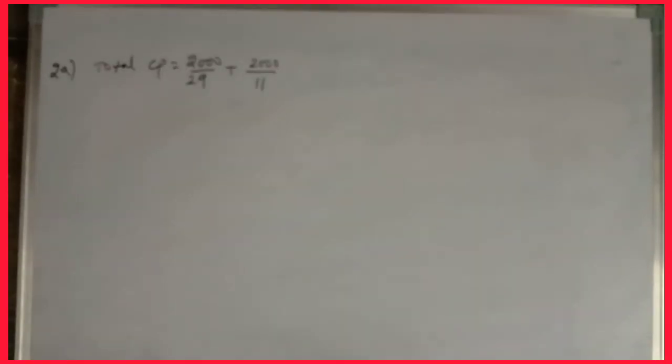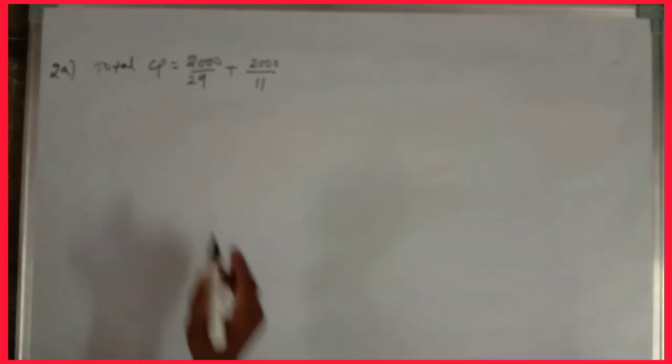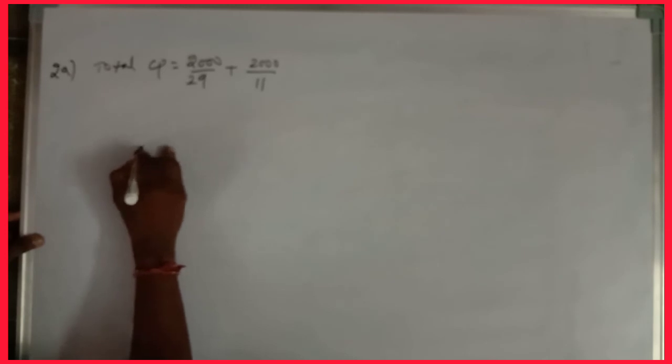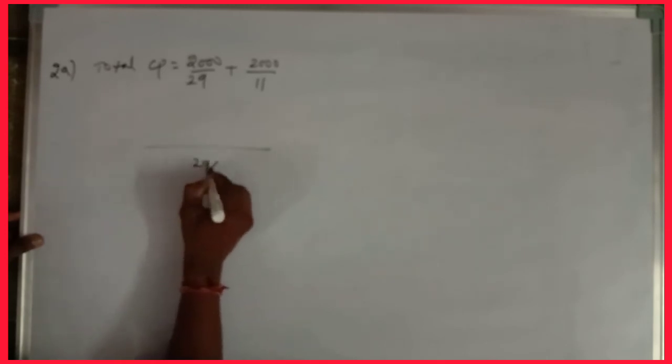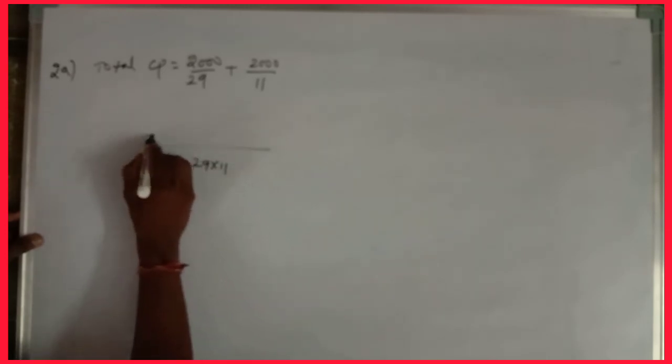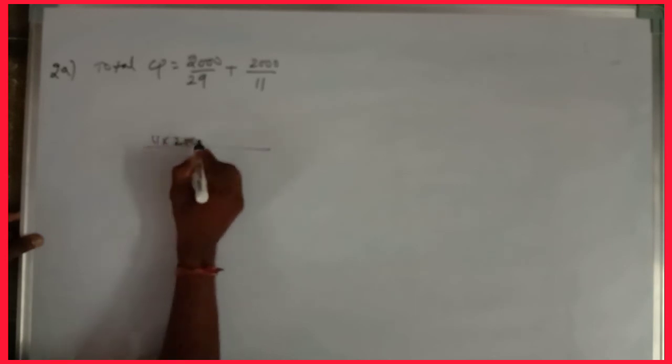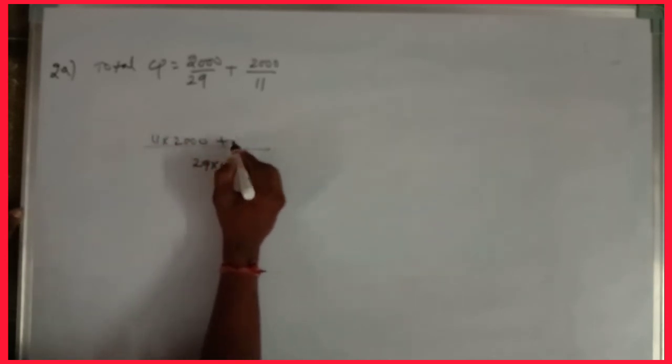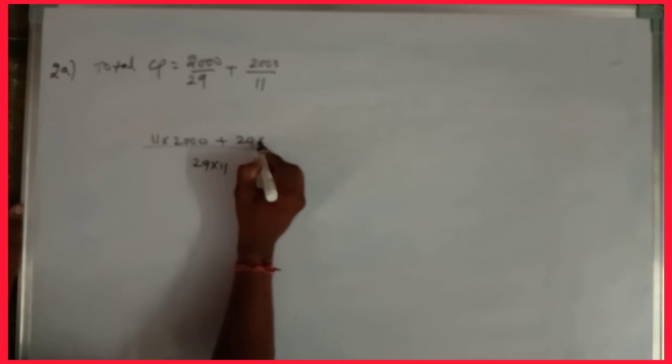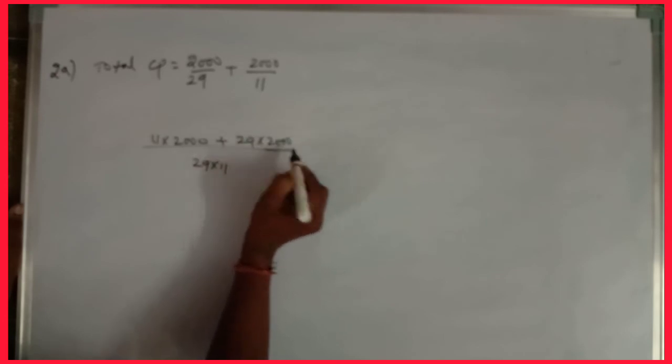So now here total CP is equal to 2000 by 29 plus 2000 by 11. Now by taking the LCM, that's equal to 29 into 11. So here 11 into 2000 plus 29 into 2000.